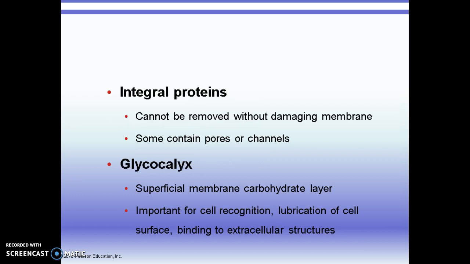Integral proteins are just proteins within the membrane. They may contain openings to allow substances to cross. And outside the cell is this carbohydrate layer. And it has a variety of functions: binding to other cells, cell recognition, lubrication.